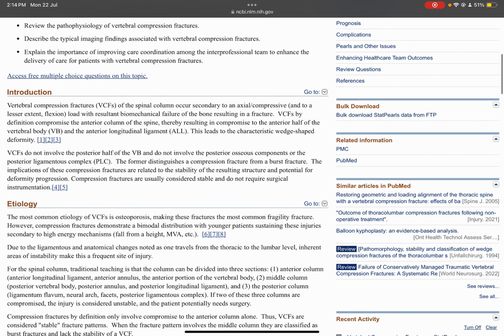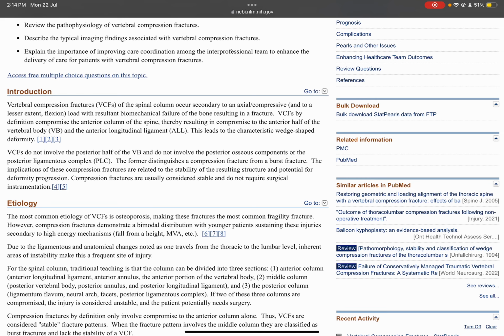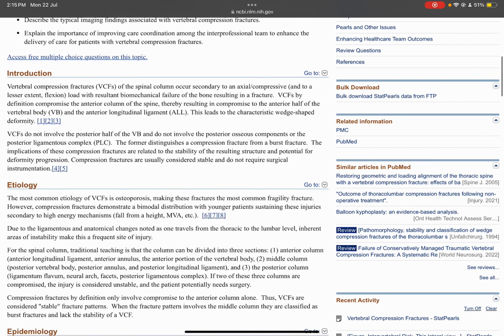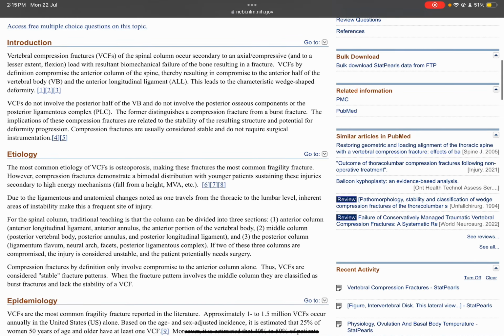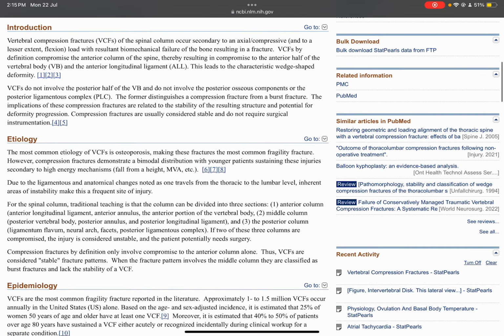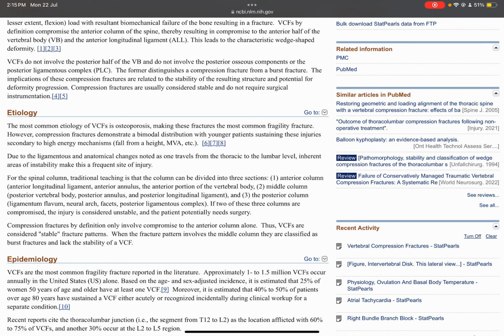Compression fracture is usually considered stable and does not require surgical instrumentation.